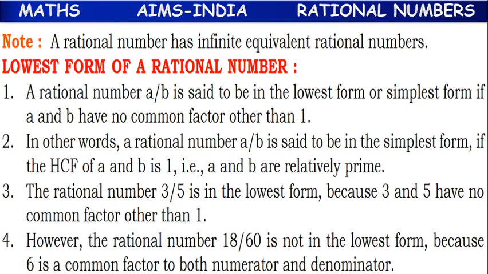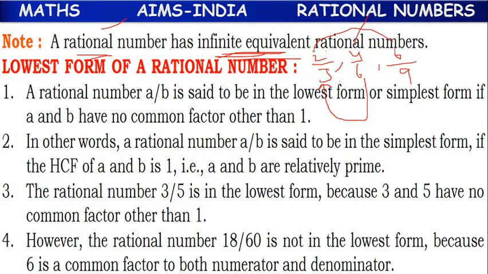Next. So here, a rational number has infinite equivalent rational numbers. Suppose I have 2 by 3. If both numerator and denominator are multiplied by 2, 2 times 2 is 4, 3 times 2 is 6, I'll get 4 by 6, which is equivalent to 2 by 3. Or if I multiply both by 3, 2 times 3 is 6, 3 times 3 is 9.